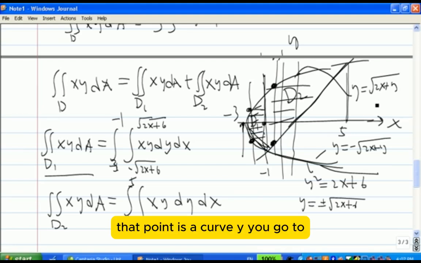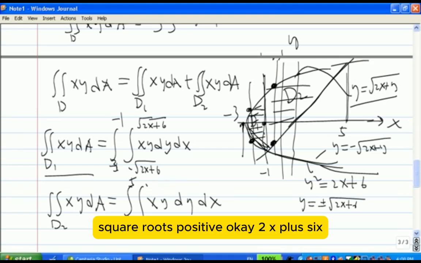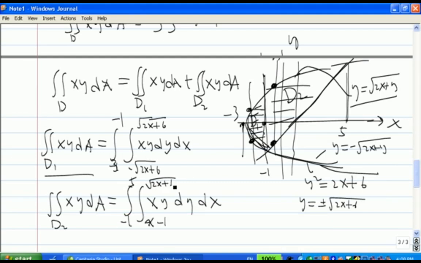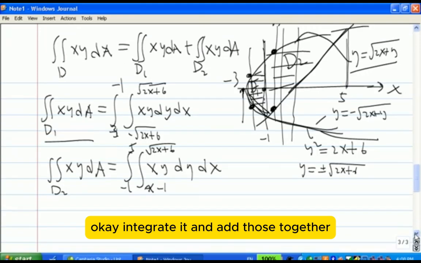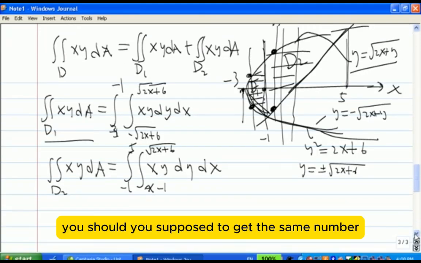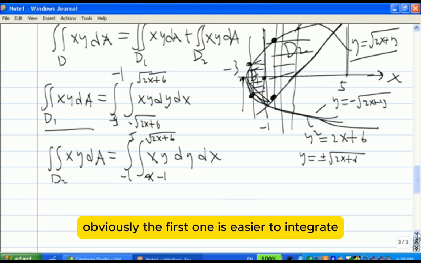That point is on the curve y equal to positive square root of 2x plus 6. I'm not going to integrate this. You integrate it and add those together, you're supposed to get the same number. For this problem, obviously, the first one is easier to integrate.